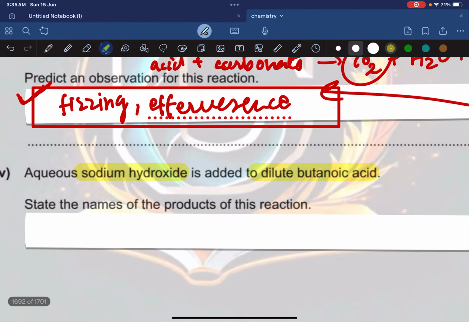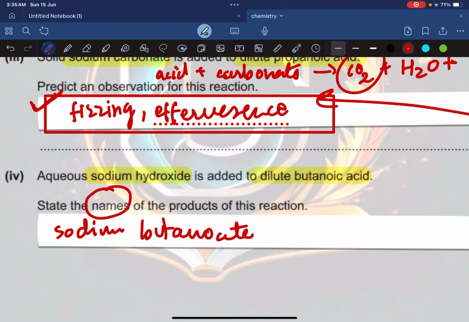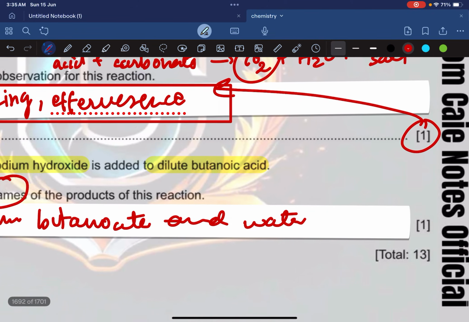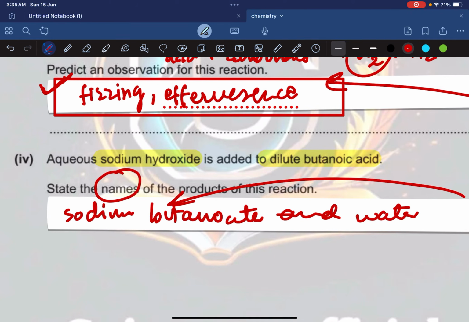So the products are going to be salt and water. The salt is going to be sodium butanoate. We have to write the names, not the formulas: sodium butanoate plus water. Since it's a 1 mark question, you might get marked for writing only sodium butanoate, but I'm not sure, because the products are two.